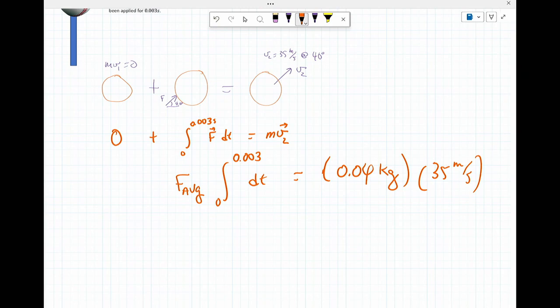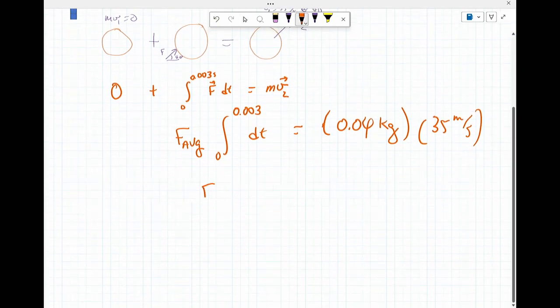Now what I've done here is I've already... Do you not consider gravity over the 0.003 seconds? I'm going to talk about that in a second. It's a good question. One of the questions that is going to happen a lot is what happened to the weight here? And how does the weight play a role in this?